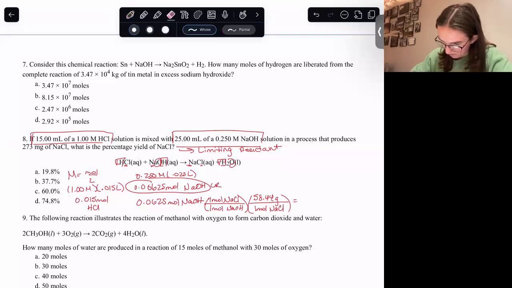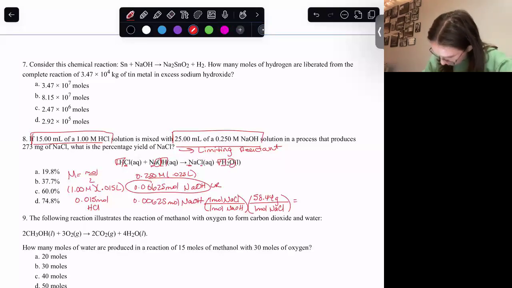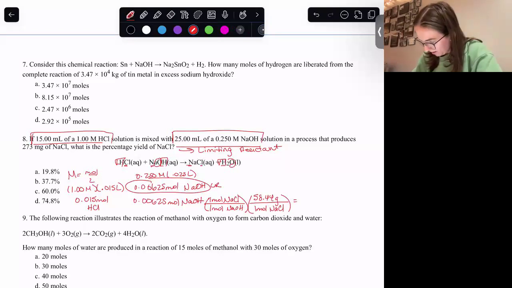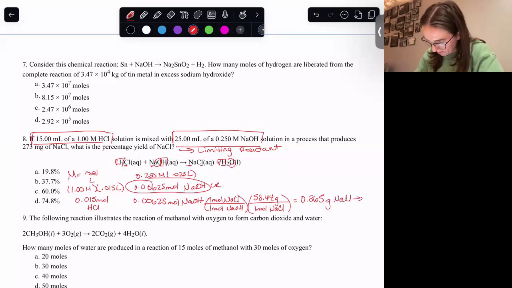So we end up with 0.365 grams of NaCl, which is 365 milligrams of NaCl.